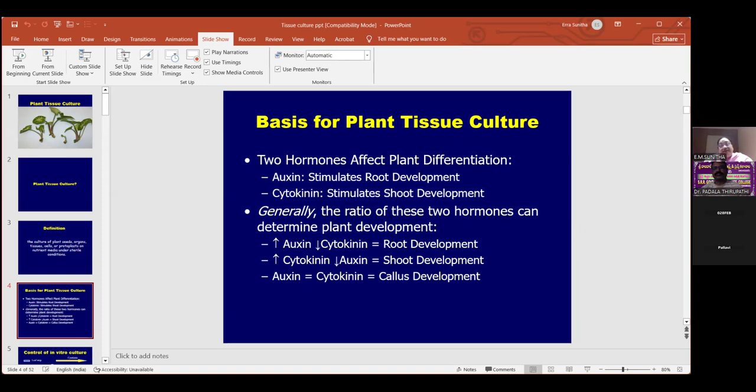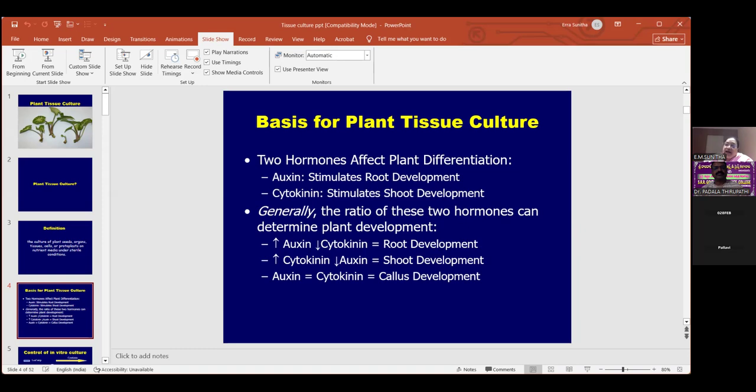These two hormones have to be given for both. If you are doing root development, both auxins and cytokinins have to be given. If you are doing shoot development, you also have to give auxins and cytokinins. But there is a ratio, and we have to remember that ratio. When we are going for root development, the auxin concentration should be more when compared to the cytokinin.